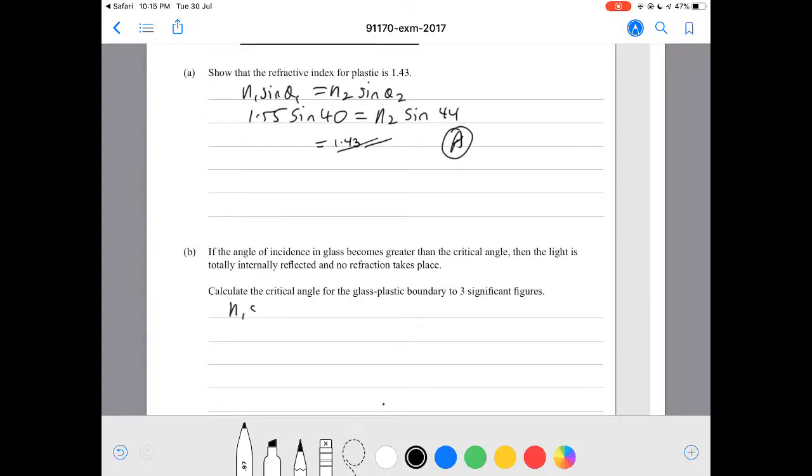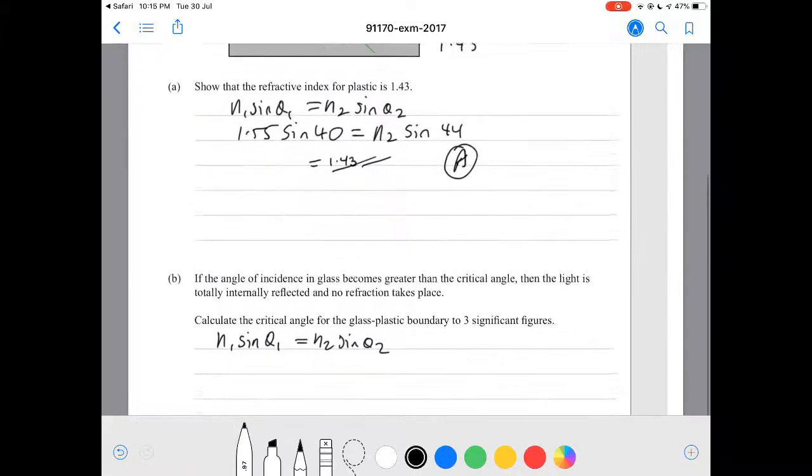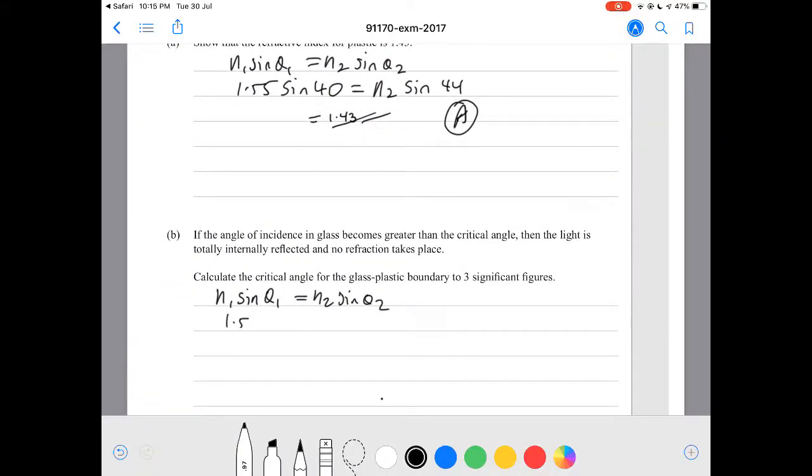So you can say, once again, Snell's law, n1 sine theta 1 equals n2 sine theta 2. Our n1, okay, once again, it's a glass-plastic boundary, so n1 will be the glass. So 1.55 sine theta 1, that's the angle of incidence we're trying to find, equals n2, which is 1.43, sine 90.